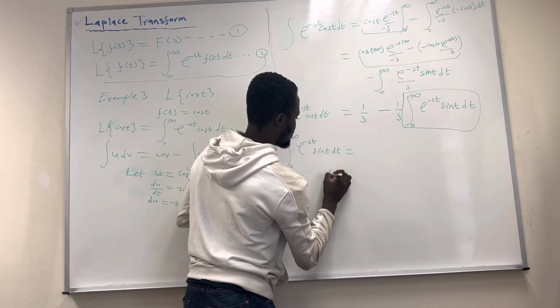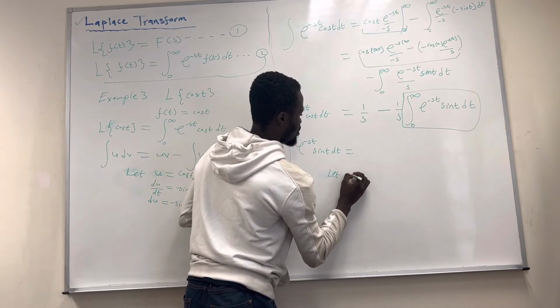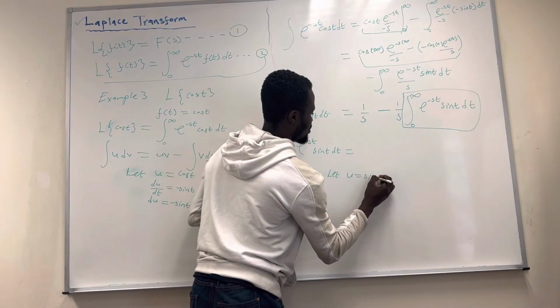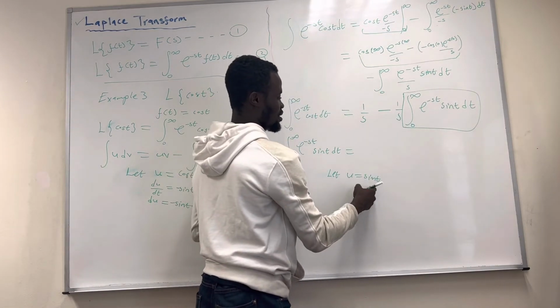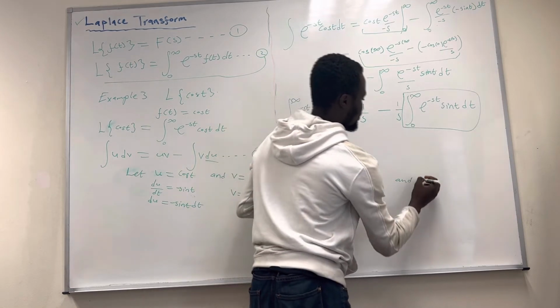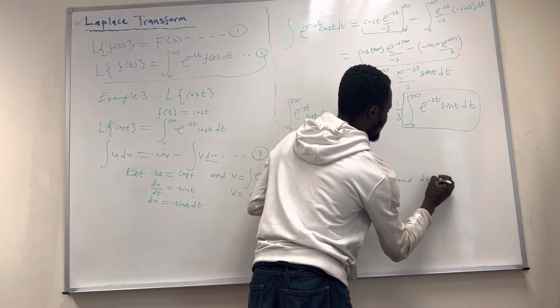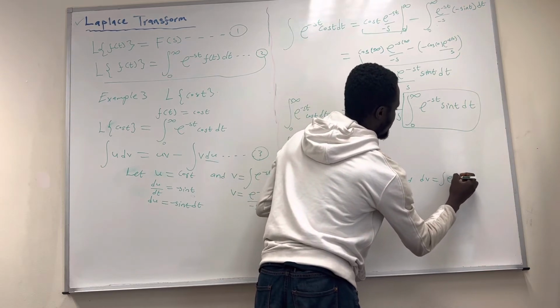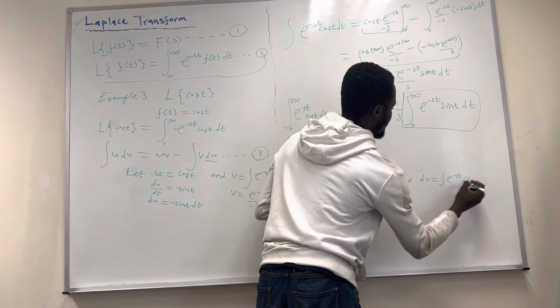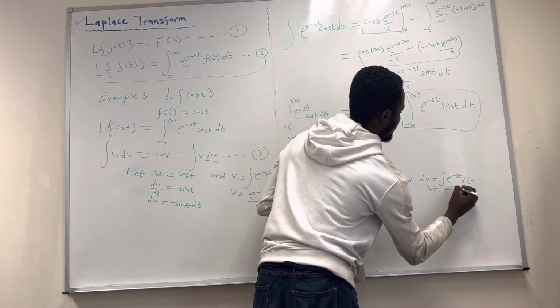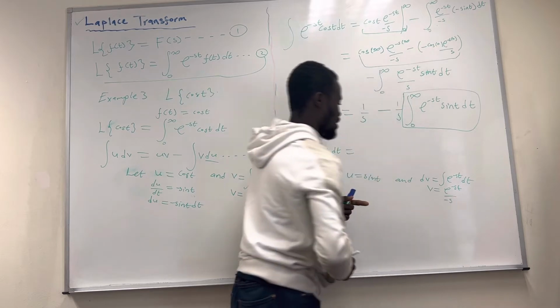So what I mean is that let's call this one u as sine t, and our dv is equal to integral of what? e to the negative st dt, then our v becomes what? e to the negative st over negative s, something like this.